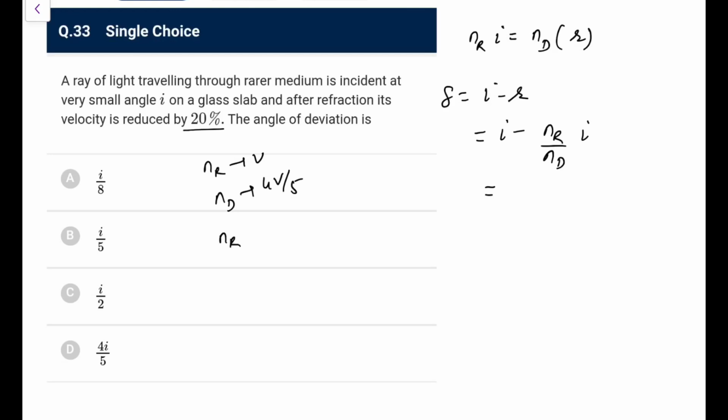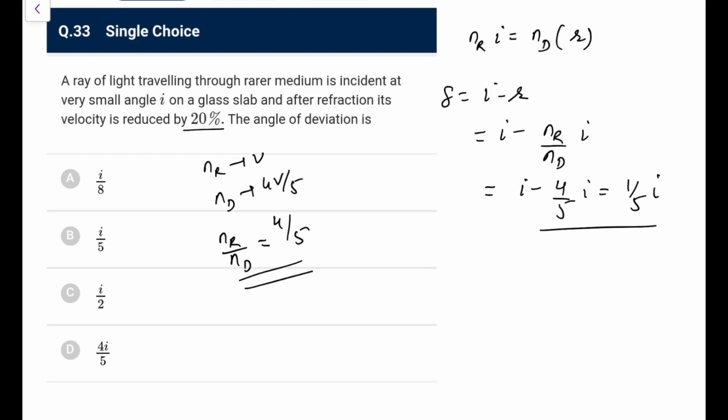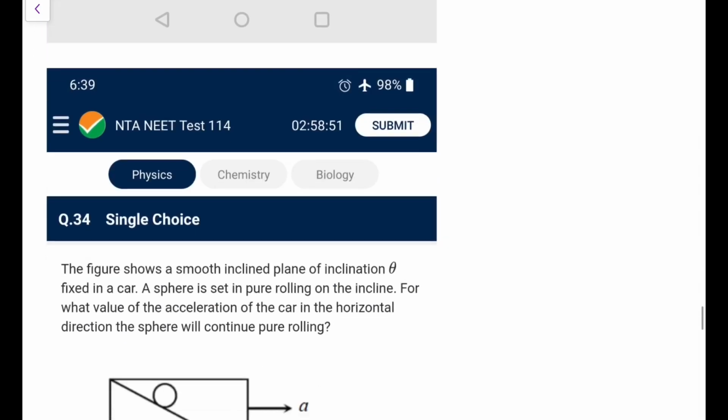So the ratio nr upon nd would be reversed, so it would be 4 by 5. So it is I minus 4 by 5 I, that is 1 by 5 I. Deviation would be, go for option B in this case. That small angle is a big hint.